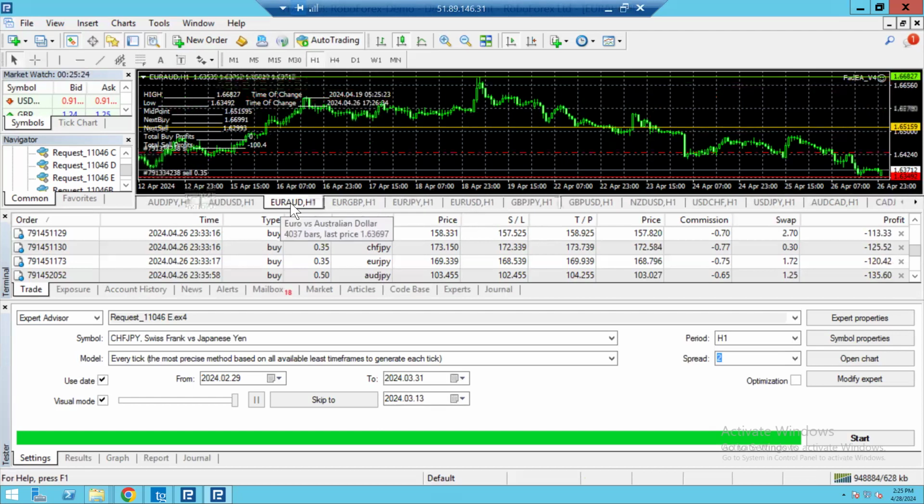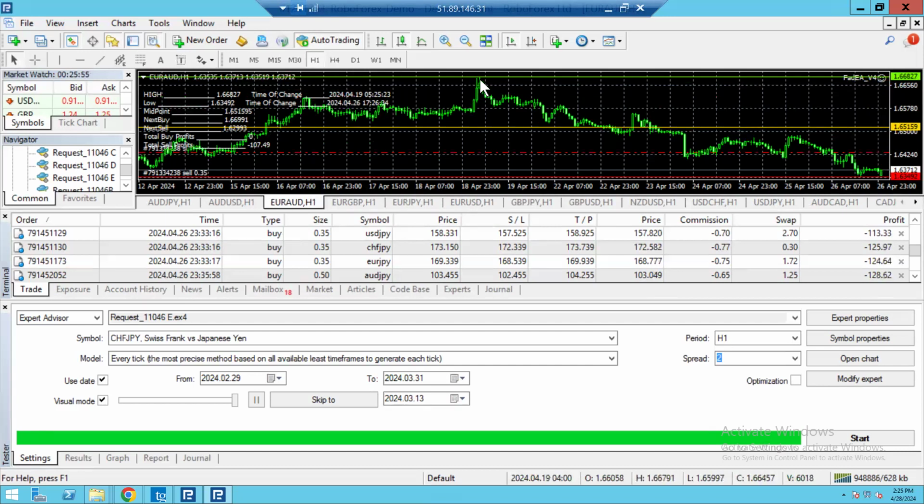For the Euro AUD, you can see that the trend of the market is downwards, as you can see there. So what happens? Let's look at the dates. The high price was achieved at 1.668 on the 19th of April, and the low price was 1.634, and it was achieved on the 26th of April.